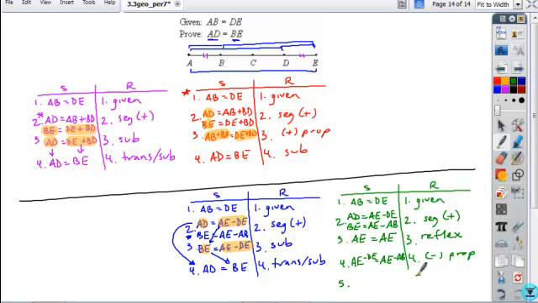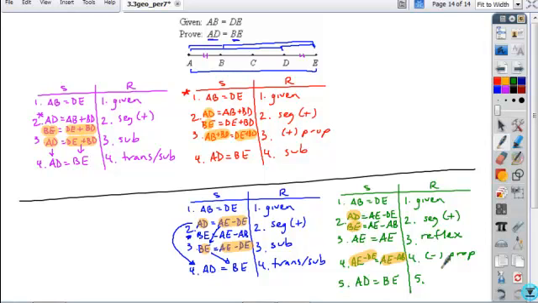Okay, and then here we wind up with this one additional step. If you look at this, AE minus DE can be replaced by its equivalent AD, and AE minus AB can be replaced by its equivalent BE.